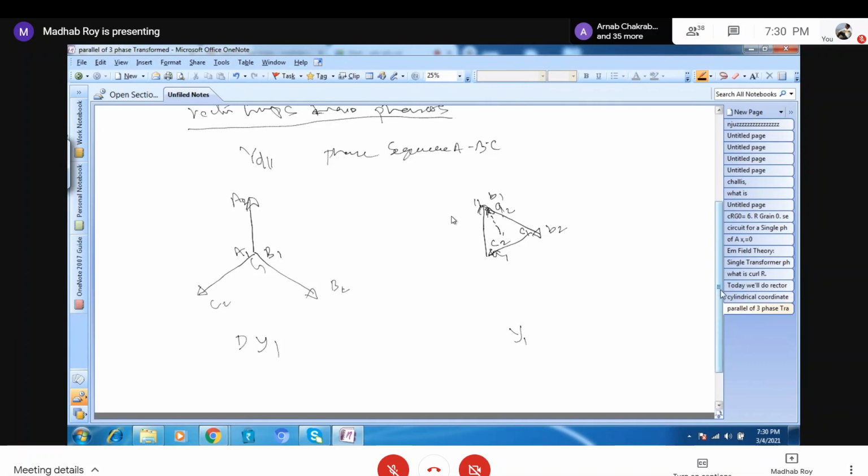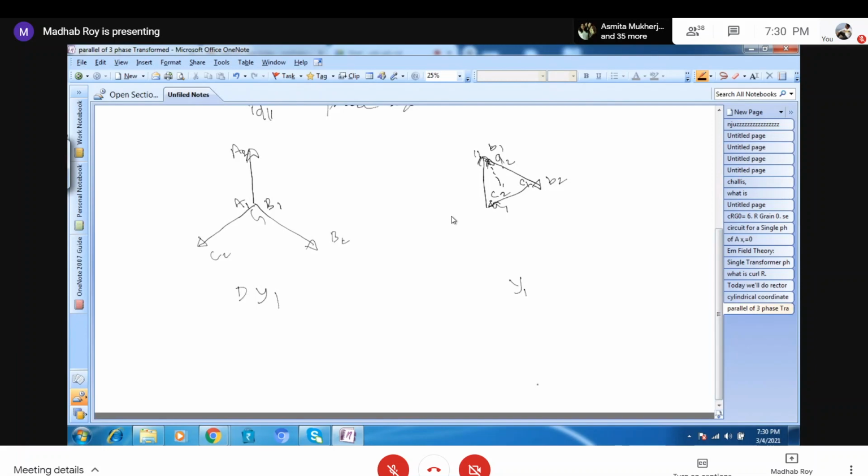So y1 will be a1 and a2, then b1 and b2, and c1 and c2 phasor.